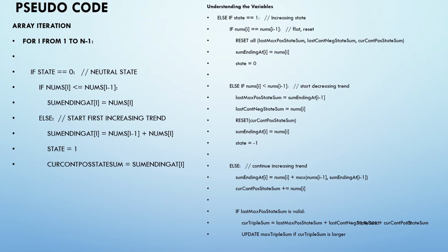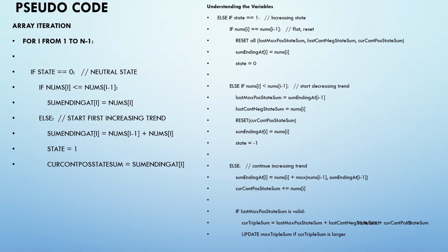Since now we moved from positive trend to negative trend, we will reset our variable, the current continuous positive state sum, and we will initialize the sum ending at index I to nums of I, because now we are changing the state, and when we change the state we always keep the sum ending at index I the same as the value of the array. So this is the second condition, when we are in an increasing trend and we see a decreasing trend.